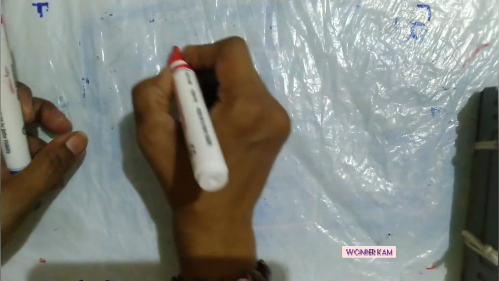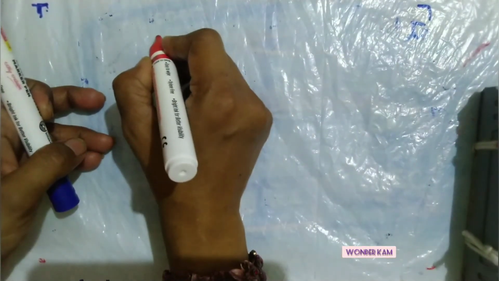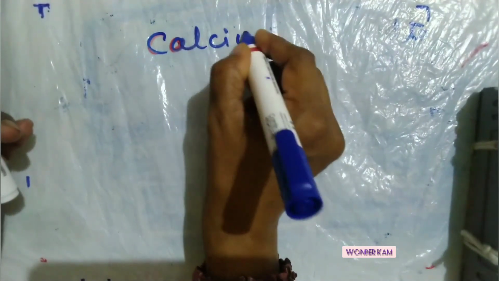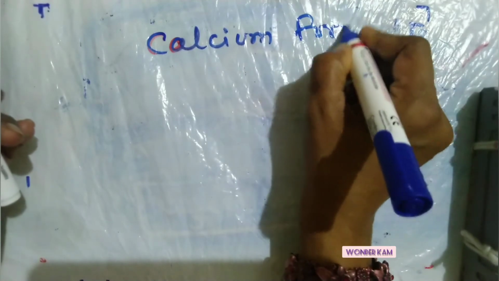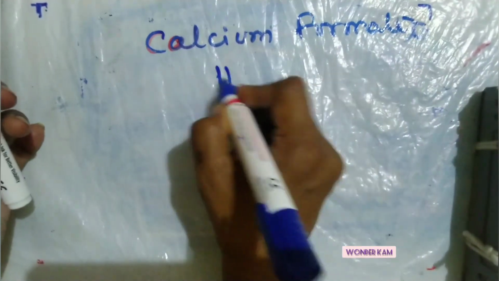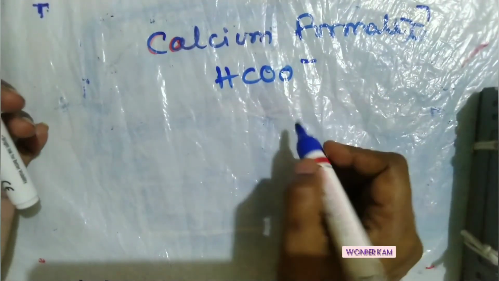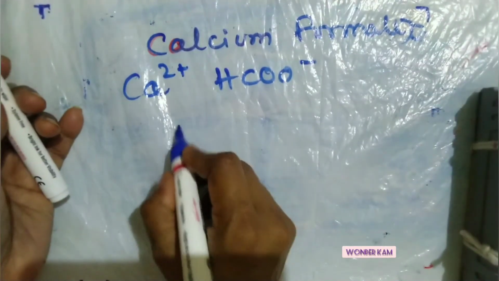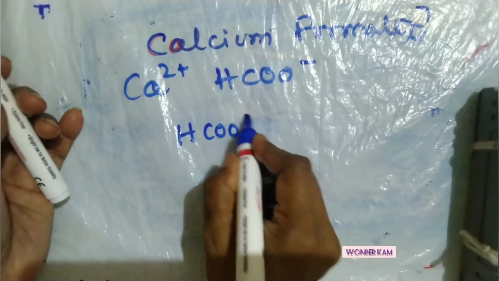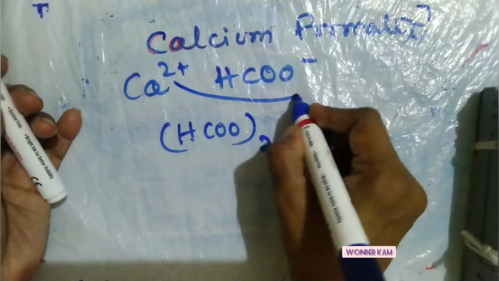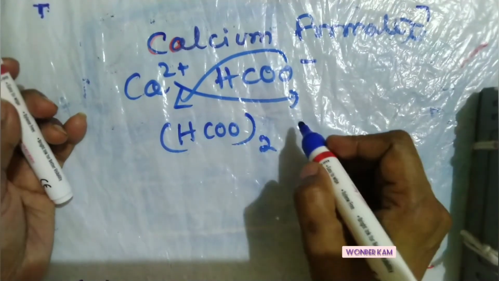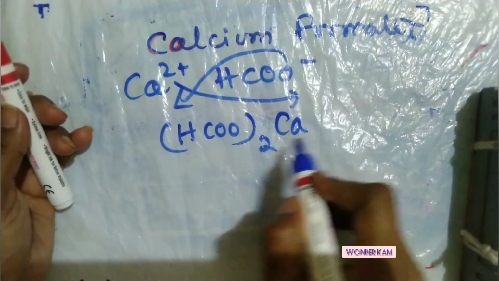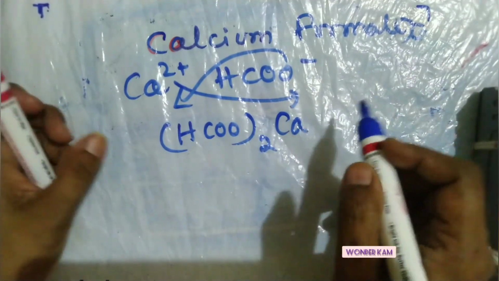Similarly, suppose we go for calcium formate. Formate is HCOO minus, with only one charge, and calcium is 2 plus. So in this case also the COO comes with 2, and this is calcium formate.